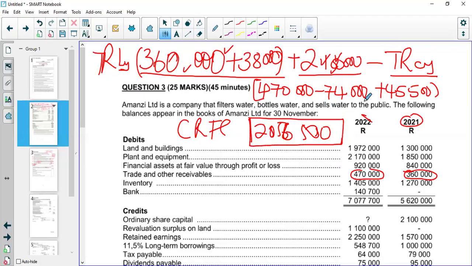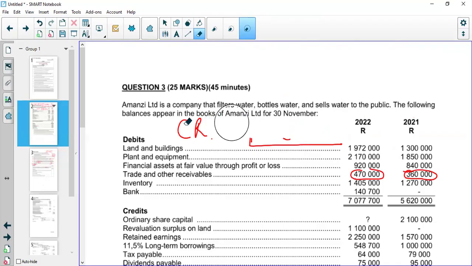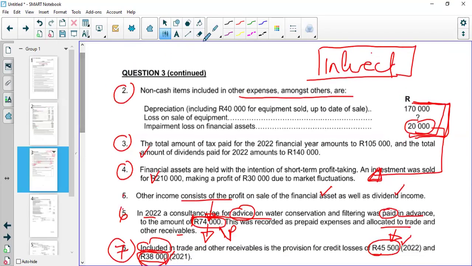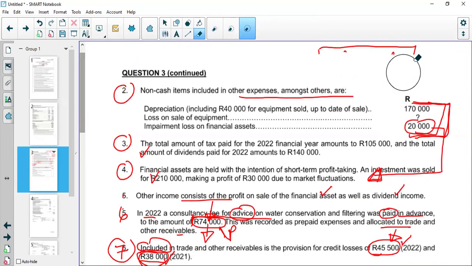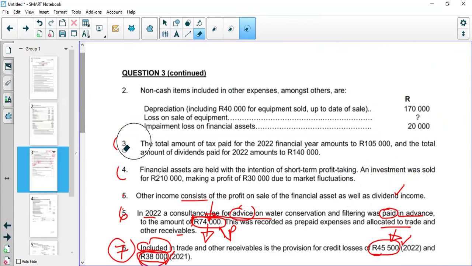Okay. Now we go to cash paid to suppliers and employees. So to get our cash paid to suppliers and employees, in most cases, the lecturers use general ledger accounts. I don't use general ledger accounts.